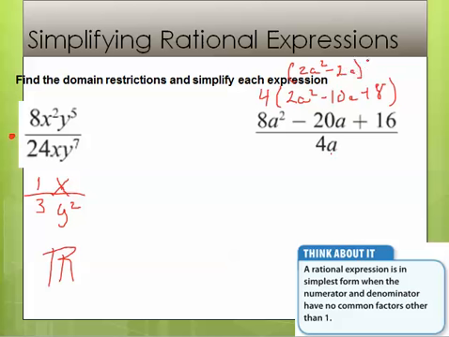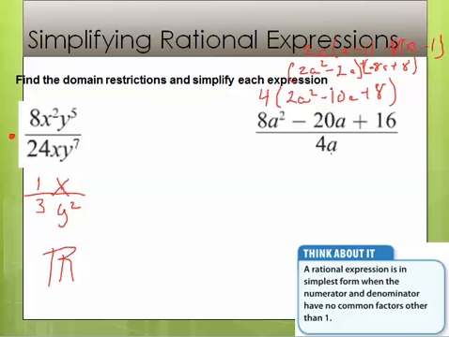I always have to do this. Plus 8a plus 8. Well, that's going to be a minus 8a plus 8. Okay, that's going to factor out into 2a times a minus 1 and minus 8 times a minus 1.